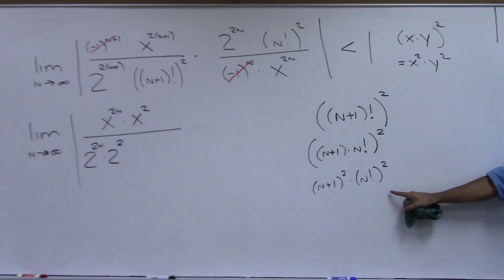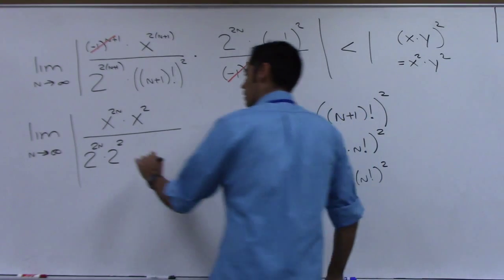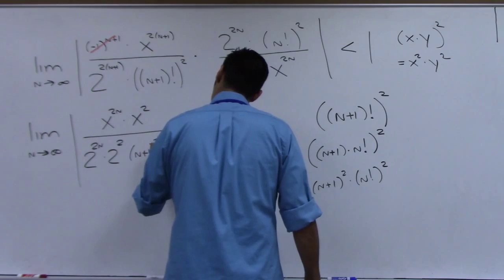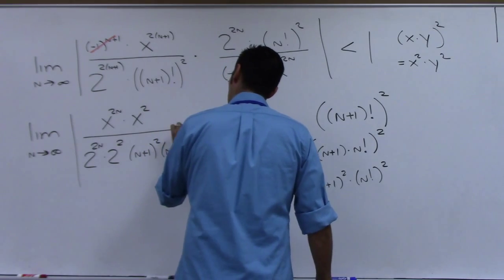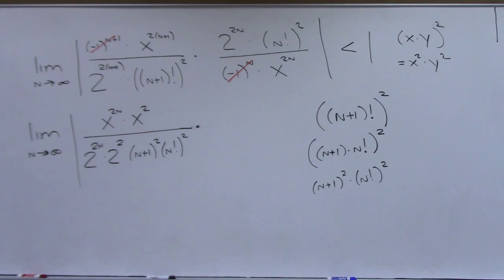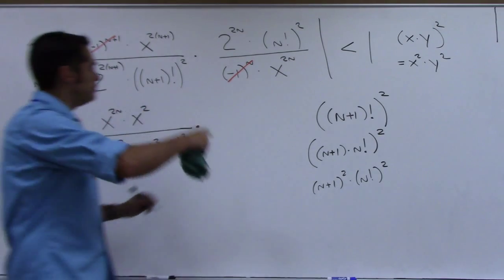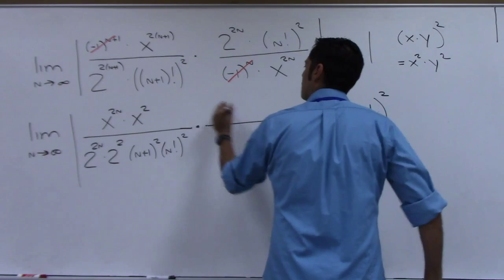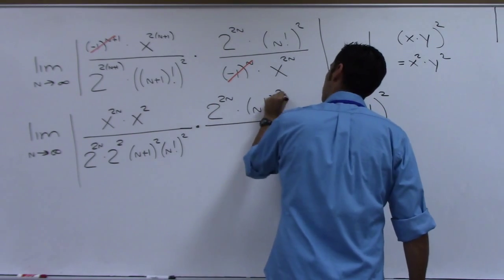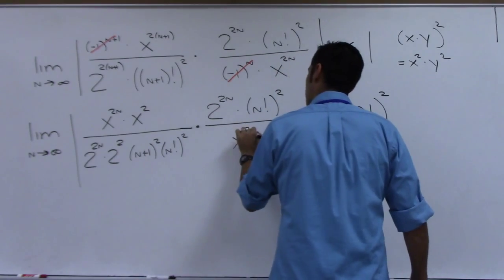See it? And now I'm hoping that that's enough cleaning up to get things to cancel. What was still over here was 2 to the 2n, n factorial squared, and x to the 2n down here.